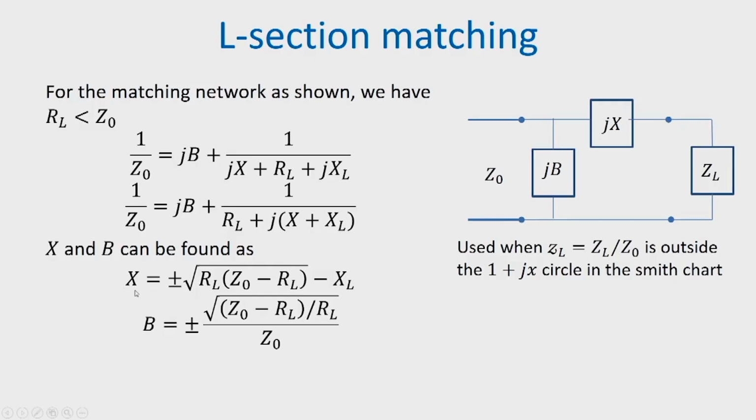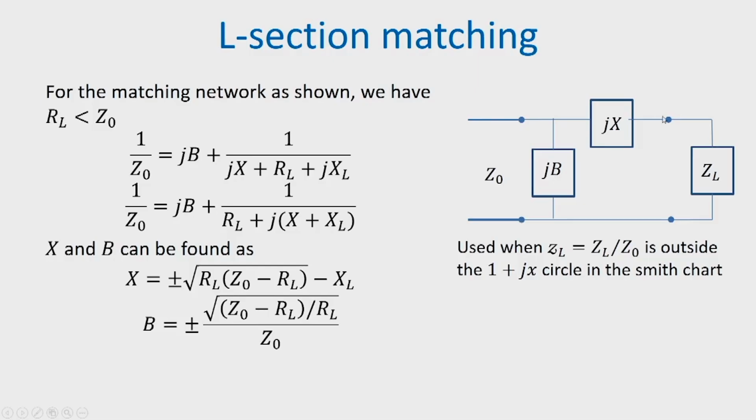and we can map these values of X and B to a capacitive element and an inductive element, and therefore, we will get two circuits with B and X being represented by lumped elements, either a capacitance or an inductance.